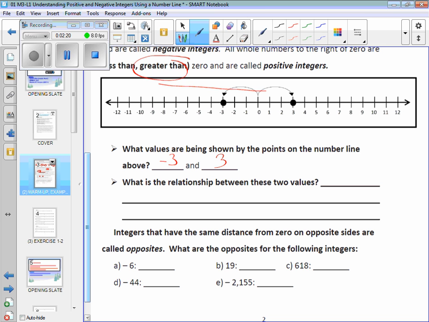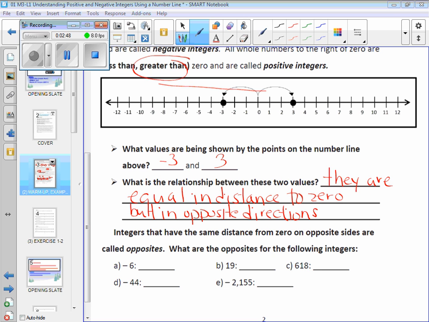The relationship between the two values is they are equal in distance to 0, but in opposite directions.